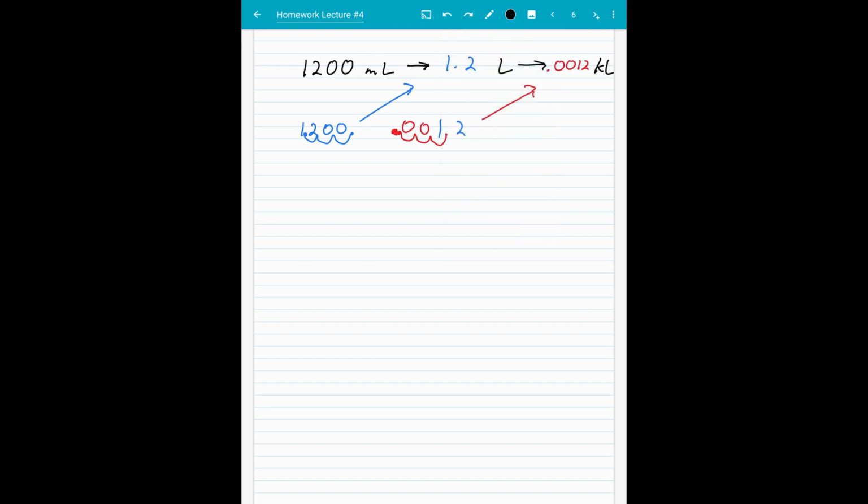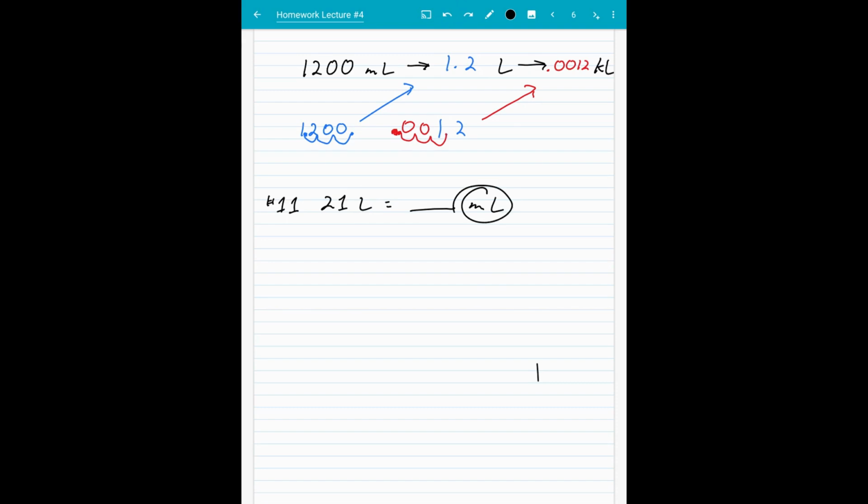So going back to our other question on number 11. Number 11 is saying 21 liters equals blank milliliters. So that's a one-step move. It's from liters to milliliters. It's a larger unit of measurement going to a smaller unit of measurement.